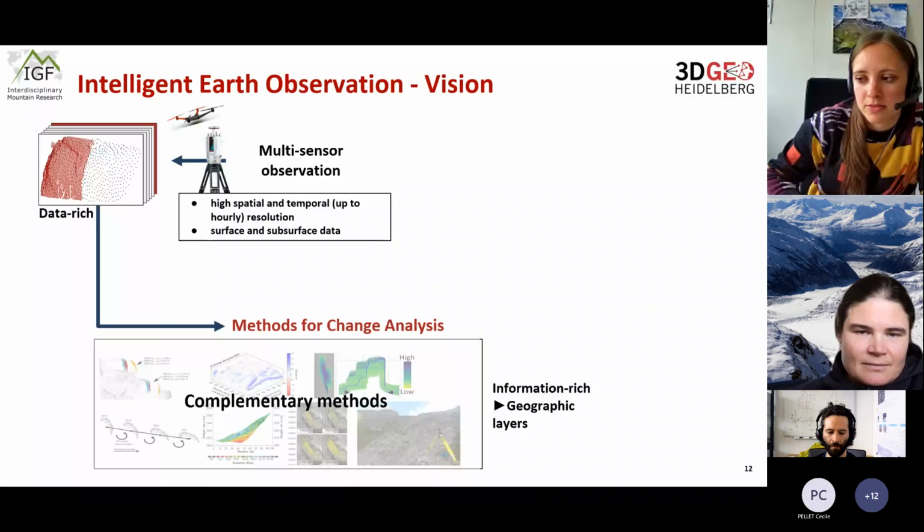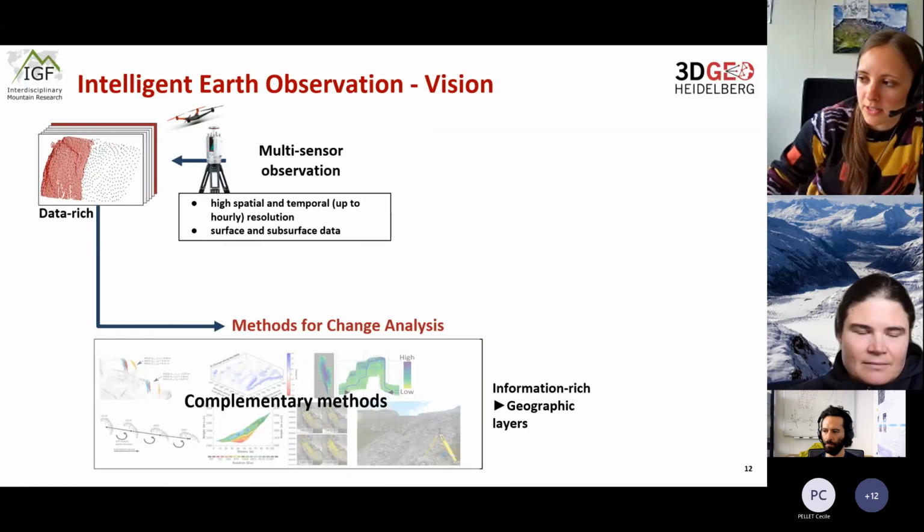And then this goes into the different methods that are already there for the analysis of changes at the rock glacier. It's meant like a big toolbox of methods that can all be complementary and can be combined to, in the end, extract the relevant change information that helps us to better understand what's actually going on.